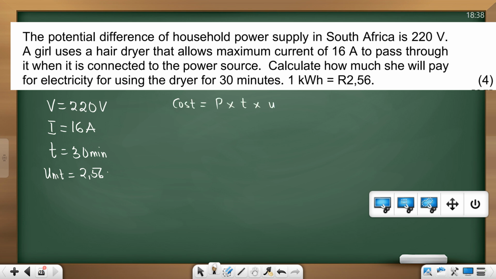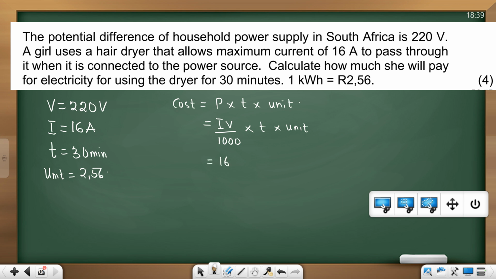The first thing is to say, okay, power times time times what? Unit. But do you know I don't have power? Now, what is the formula for power? We did that last week. P equals to what? IV. But can I put over 1,000? Why? I am converting to kilowatts. All right? Times my time times my unit.